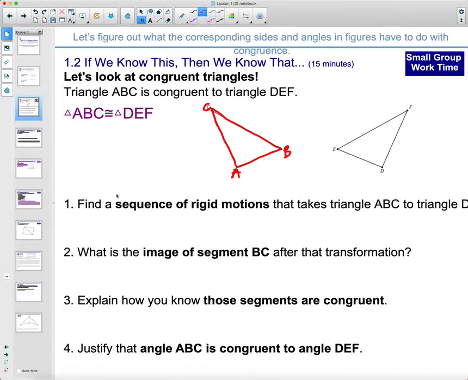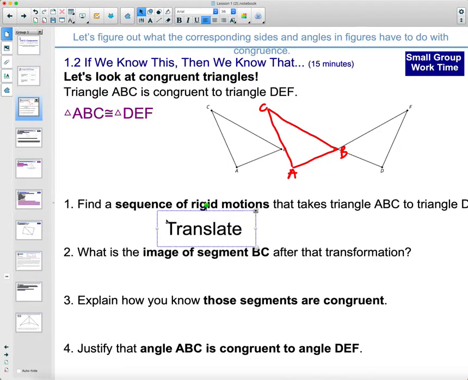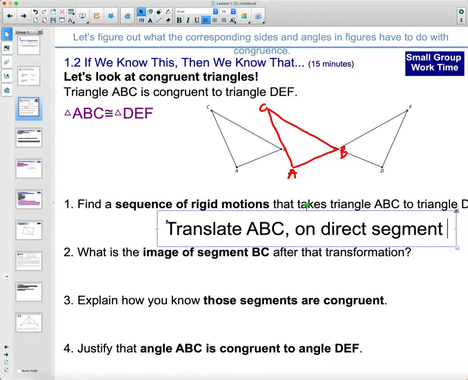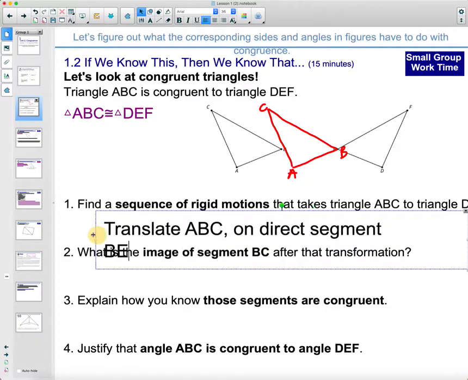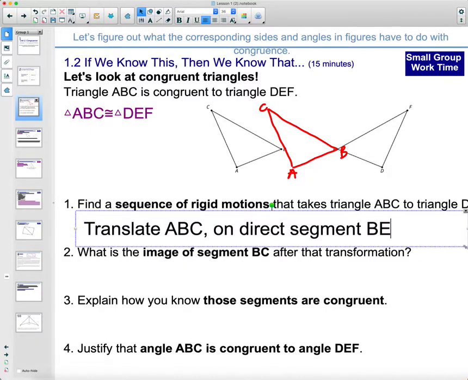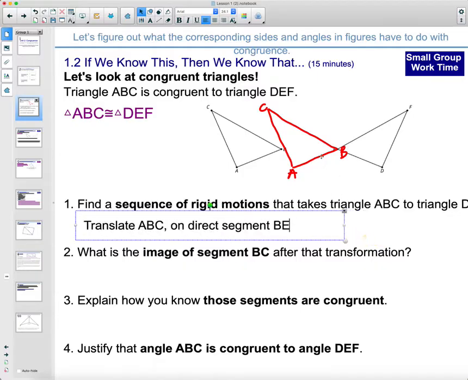Okay, so we could translate B to E. So we could translate triangle ABC on directed segment BE, taking B to E. So then that gets us here.